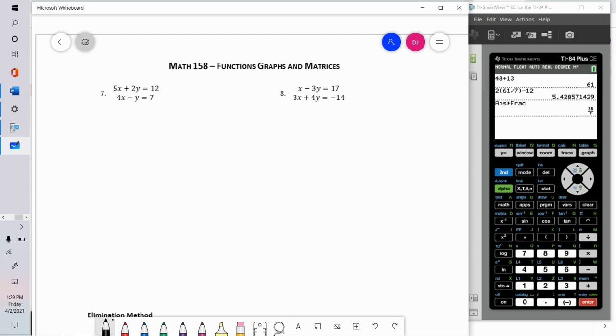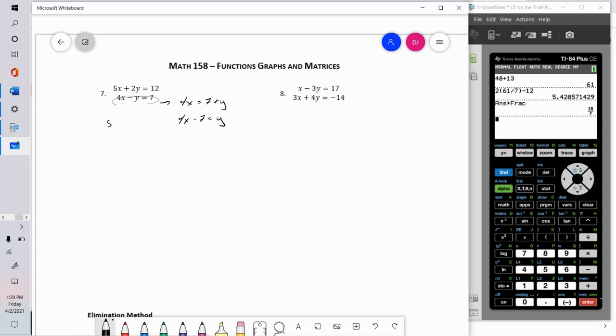I'm going to choose to solve the bottom equation for y because it's got a coefficient of 1, negative 1 in this case, but 1.